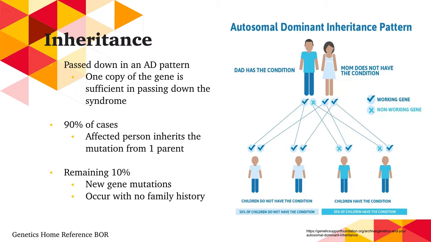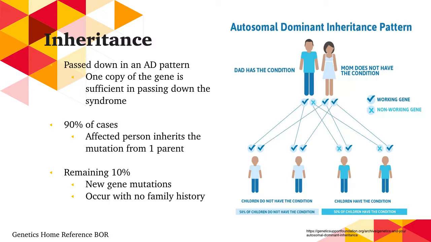So BOR is passed down in the autosomal dominant inheritance pattern. So I included a diagram here just in case we all forgot what an autosomal dominant is. So one copy of the gene is sufficient in passing down the syndrome, as you can see here. So 90% of people with BOR inherit it from one of their parents who has the mutation.